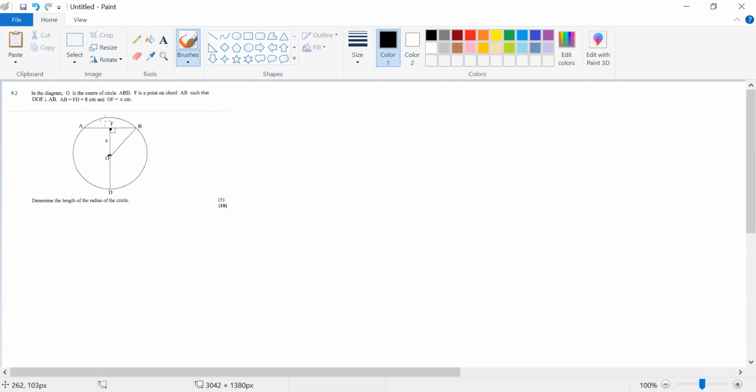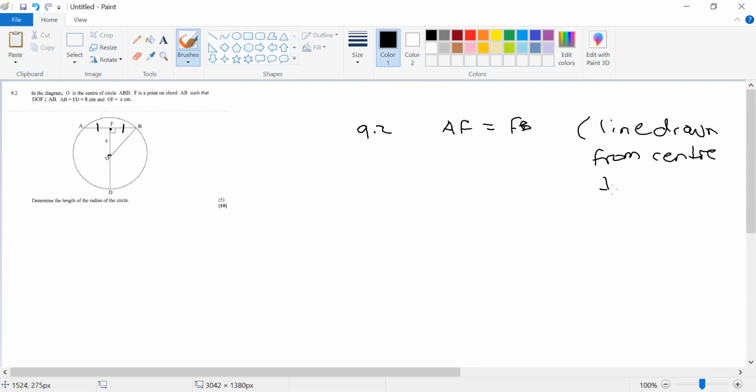So the first thing I can state is that for question 9.2, AF is equal to FB. And this is because it follows theorem 1, where a line drawn from center is perpendicular to chord.